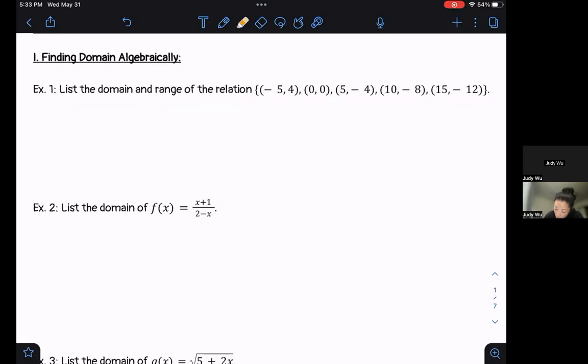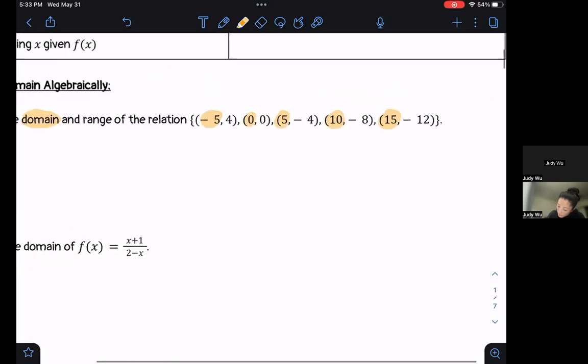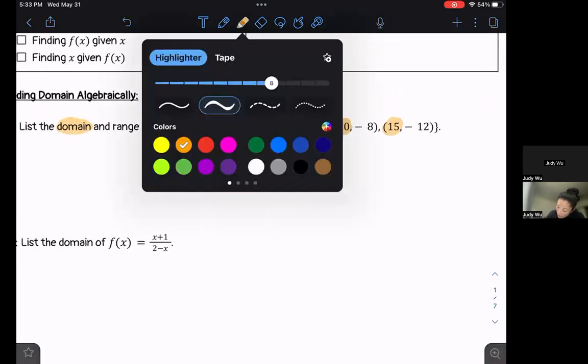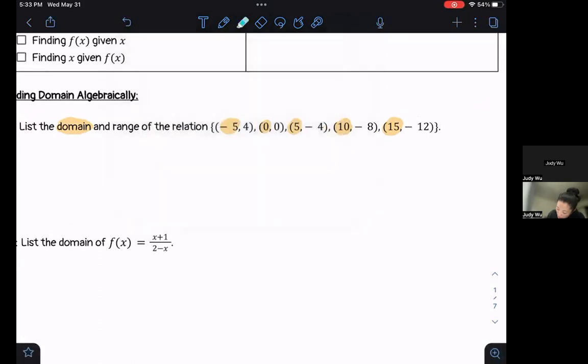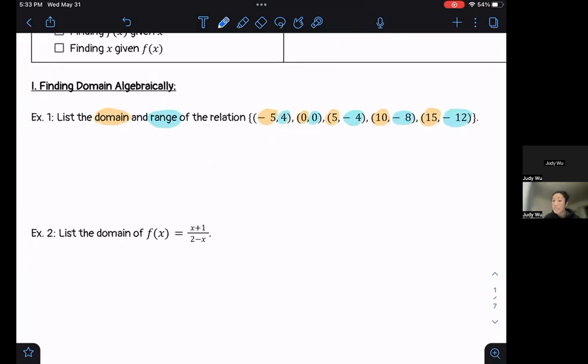Our domain is really going to be all the first numbers in our ordered pairs, and our range is actually going to be the second number in the ordered pairs. So we've got our domain and our range, but if the question asks us to list it, we actually have to write them out.